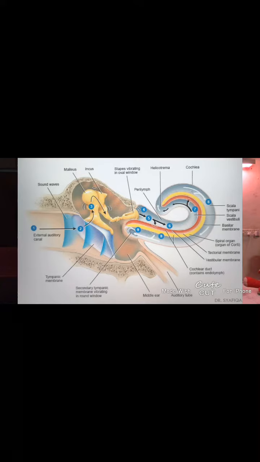So now let's go to number 5. The vibration of the oval window sets up fluid pressure waves in the perilymph of the cochlea. As the oval window bulges inward, it pushes the perilymph of the scala vestibuli, as you can see. And now to number 6, the pressure waves are transmitted from the scala vestibuli to the scala tympani and eventually to the round window, causing the window to bulge outward into the middle ear.